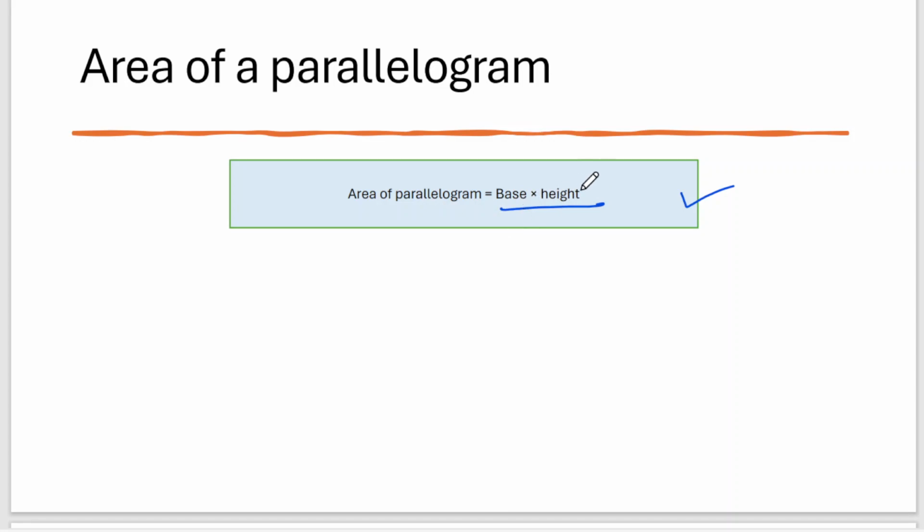Always remember this height is perpendicular to the base, or in other words, it makes a 90-degree angle with the base. Okay, so you can't take any other height. You have to take the altitude or vertical height which makes a 90-degree angle with the base.